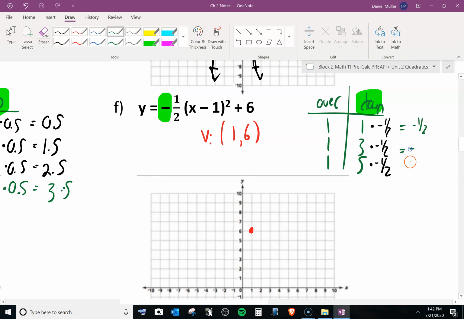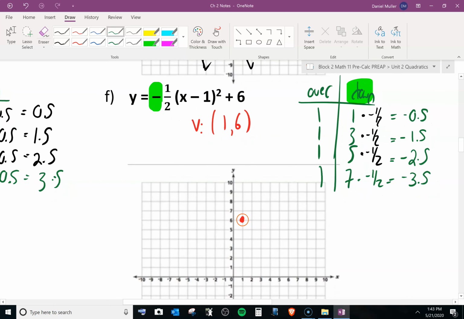In fact, all of these will be negative, so I'll put the negative symbols down. A half of 3 is 1.5. A half of 5 is 2.5. Knowing that this is a match of the other one, I'm actually just going to do 7 as well. A half of 7 is 3.5, and I have to make it negative. And I'll change this 1/2 to 0.5, just because.